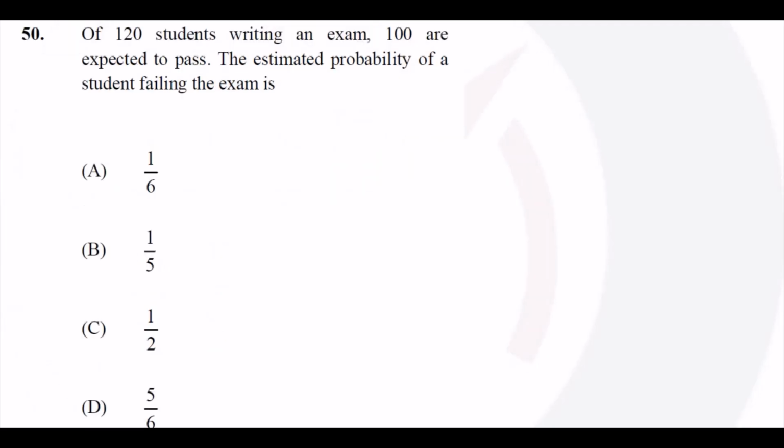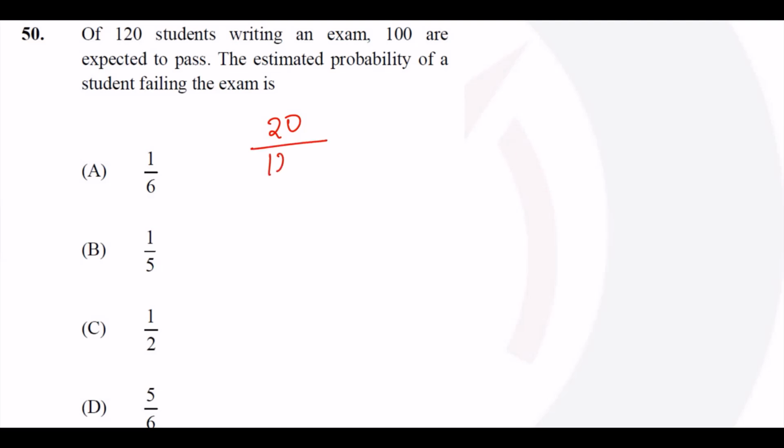Question 50. Of 120 students writing an exam, 100 are expected to pass. The estimated probability of a student failing is... So we have 100 expected to pass, so 20 out of the 120 are expected to fail.